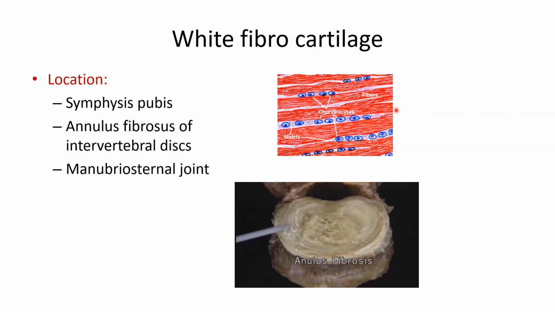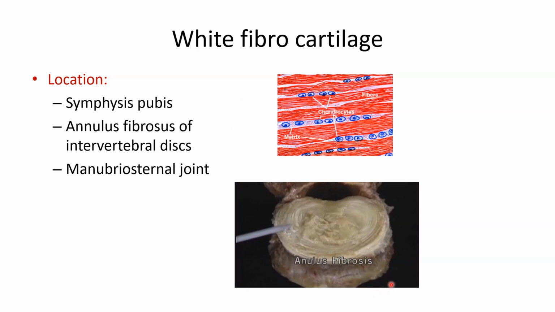Here also you can see the drawing of the white fibrocartilage with bundles of collagen fibers, and in between, a row of chondrocytes you are seeing with little matrix. And what is the location in which the white fibrocartilage is found? The symphysis pubis is one region where you will find white fibrocartilage.